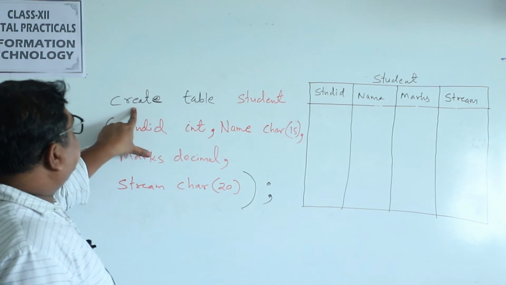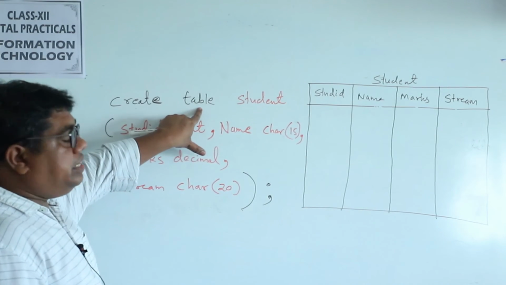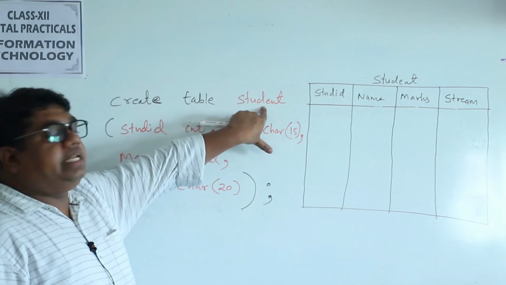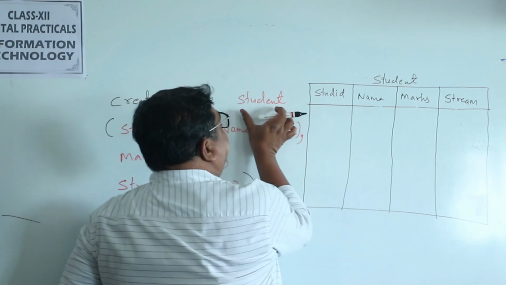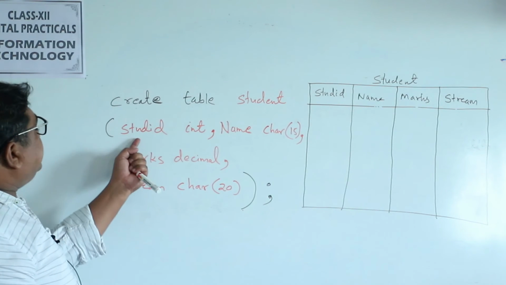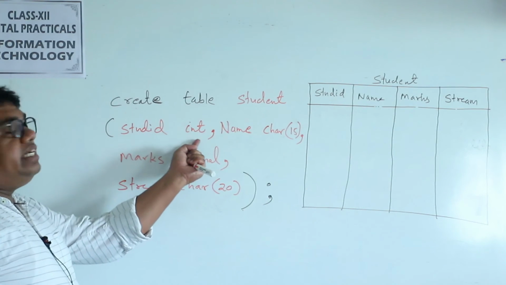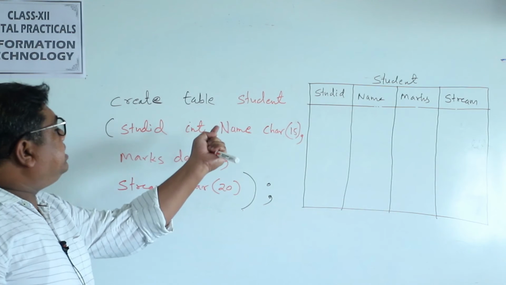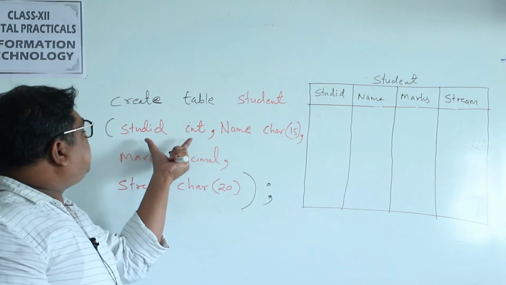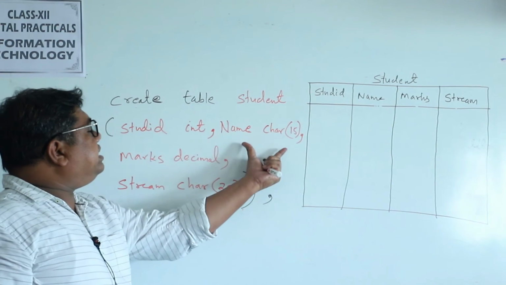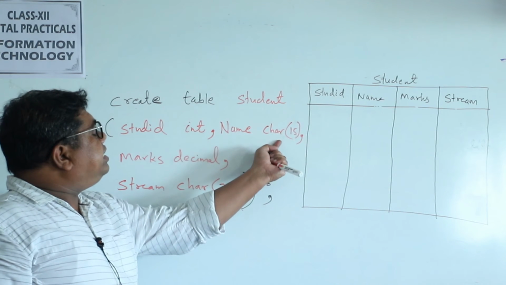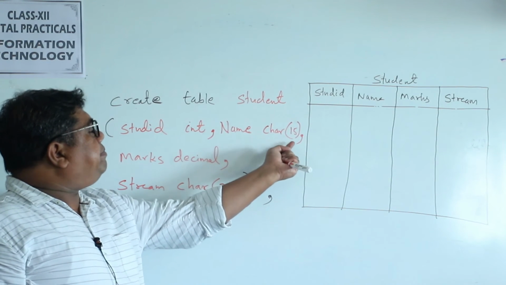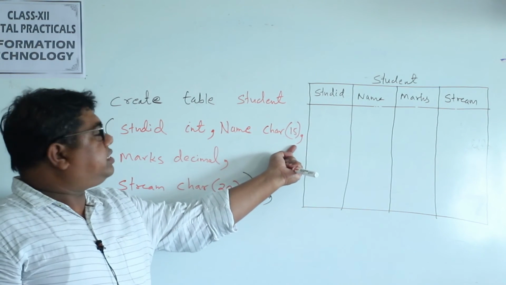So I have to write the keyword create, then the keyword table, then name of the table. Name of the table is student. Suppose you want to create an employee table, then you have to write here employee. Okay, then the first column name is student ID, then the data type is INT, then you have to separate it with a comma, the first column description, then we are starting the second column, that is the name, and character is the data type, and it will hold up to 15 characters.